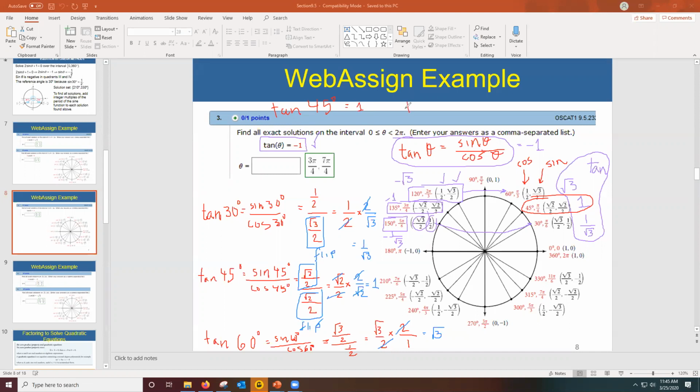But how about the tangent of 135? Well, the tangent of 135, we already calculated to be -1. And that makes sense because notice the sine and the cosine are the same value here, but just different signs. So one answer to this question is theta equal 135, which is the same as 3 pi over 4.